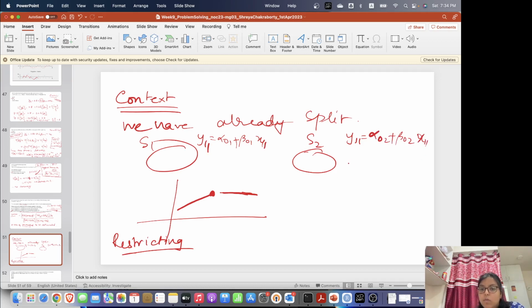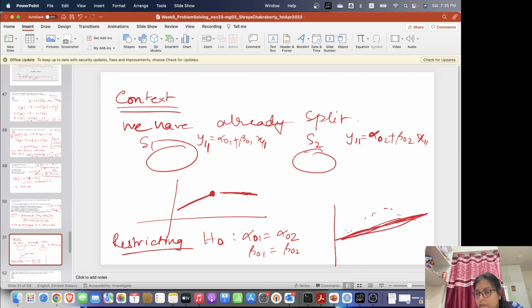The restriction is that alpha naught 1 equal to alpha naught 2, beta naught 1 equal to beta naught 2. So under the restricted model, even though we have this kind of a line, we are fitting a straight line for all the samples.